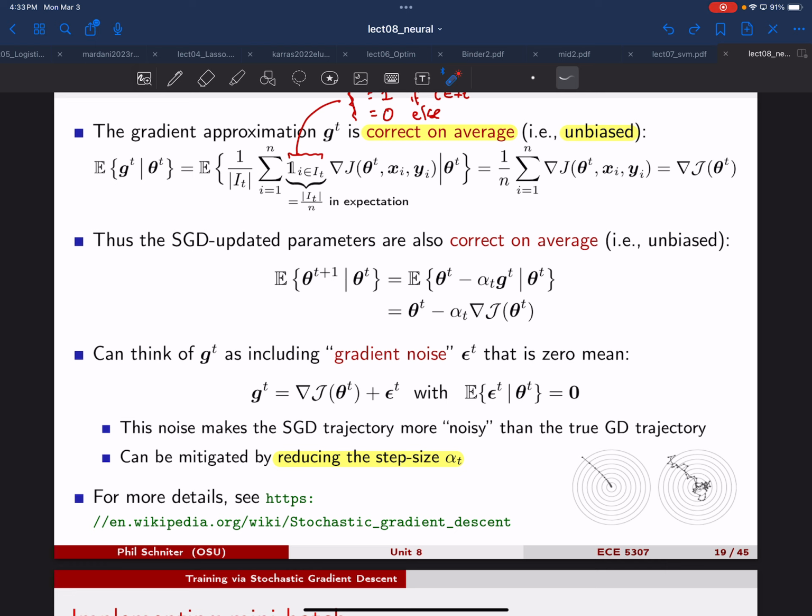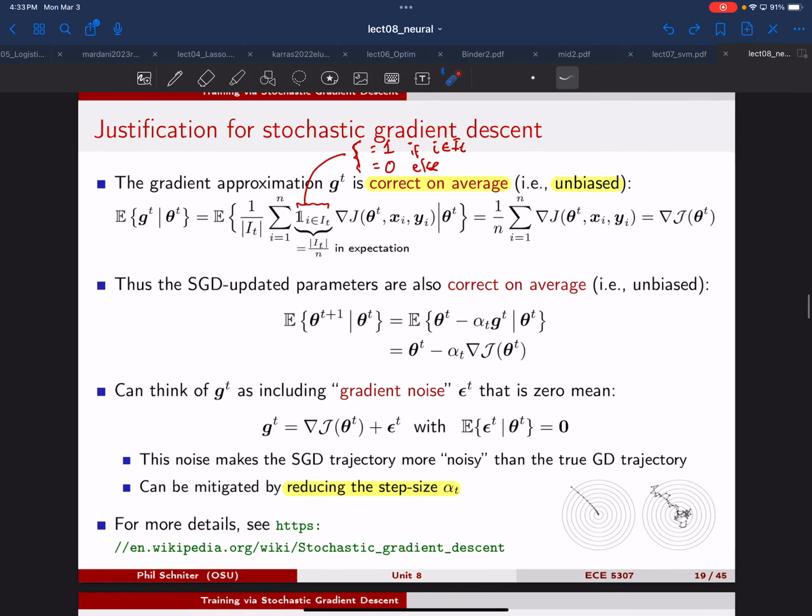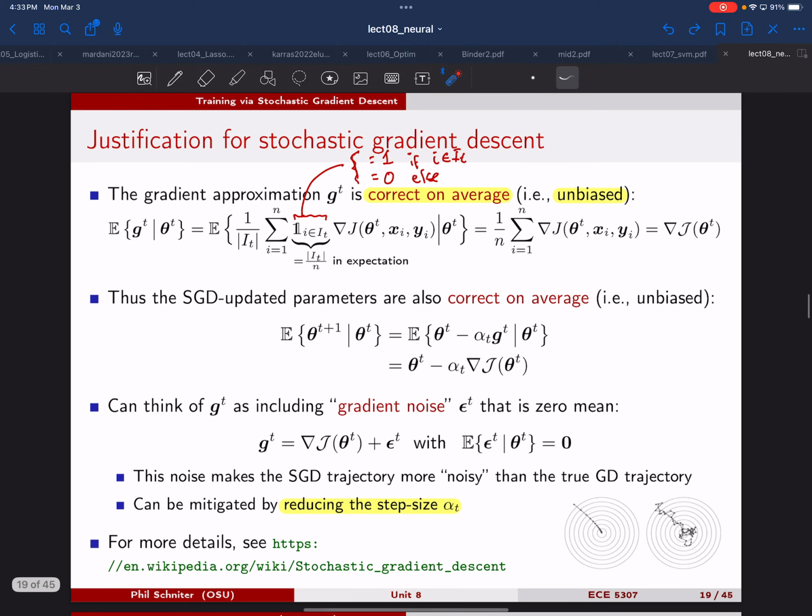Because the gradient is so much cheaper to compute, you're not so much worried that when you reduce the step size, you have more iterations to take, because every iteration is just so much cheaper. Okay, so that's sort of the theoretical justification for stochastic gradient descent. Is that making sense? Any questions on that?